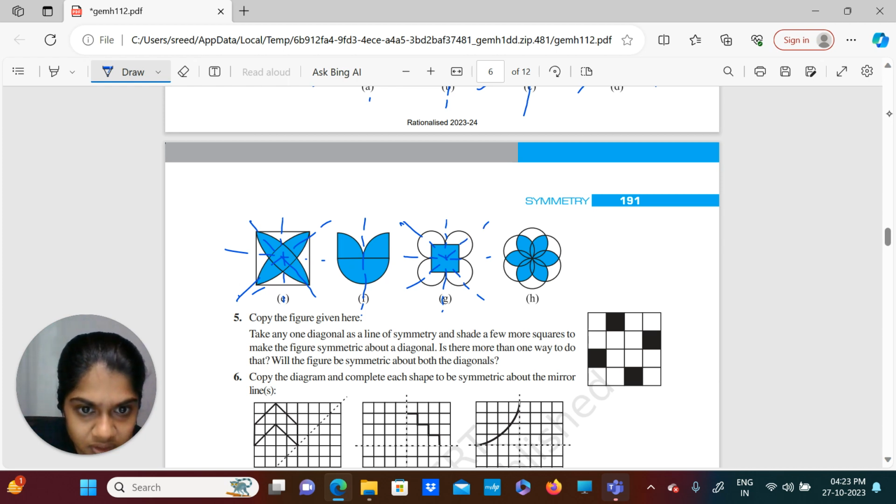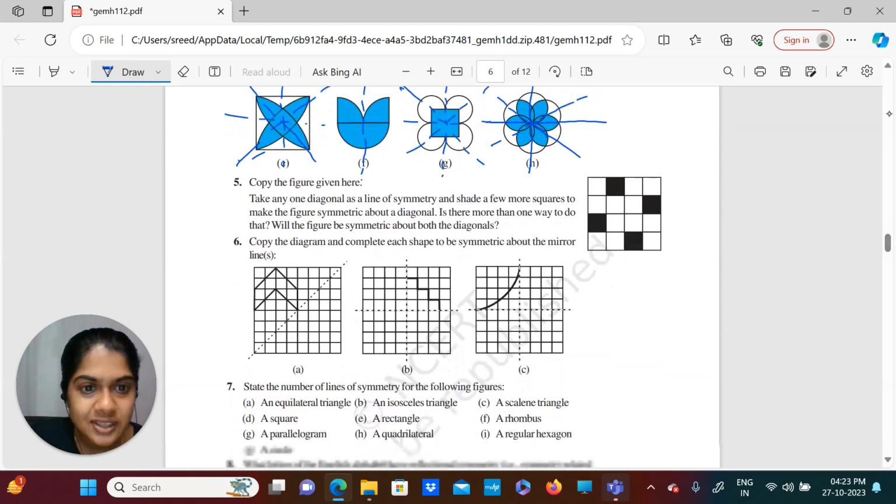Here you can draw one. Two. Three. Can draw like this also. Four. Like this you can draw.